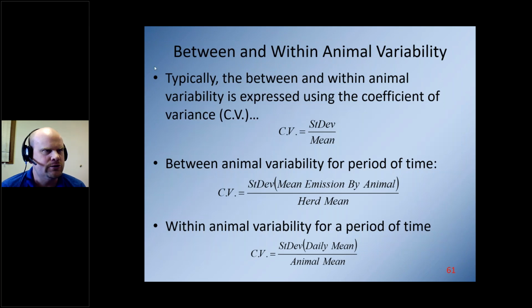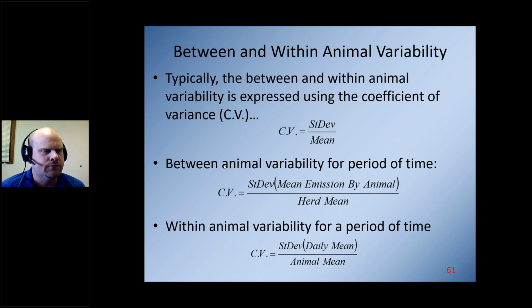Another statistic that we often look at is between and within animal variability. It's a very simple statistic, but it's very demonstrative of the true variability that's occurring. Basically, we usually look at the coefficient of variance, which is the standard deviation divided by the mean.